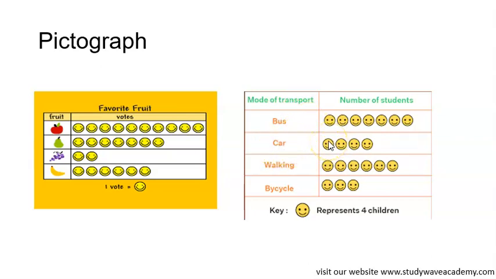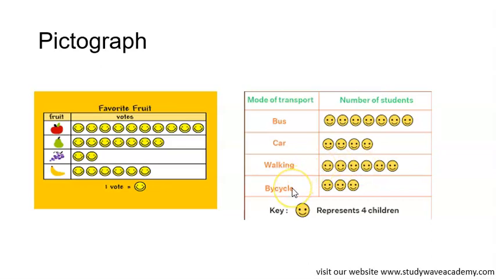Here we have 4. Remember, one smiley face is 4 children. This is 4, 8, 12, and 16. 16 children use car. Let's see how many children walk. 4, 8, 12, 16, 20, 24. 24 children walk.